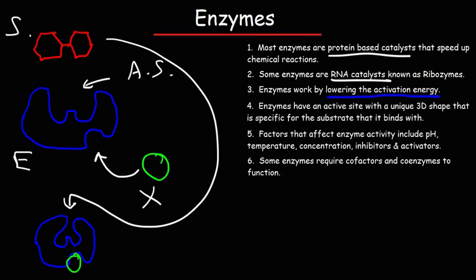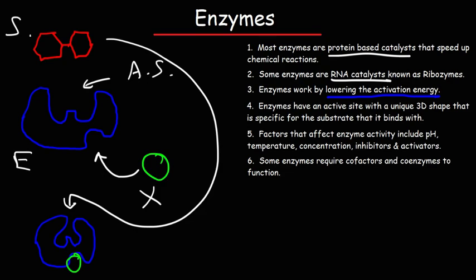So that's how a non-competitive inhibitor could decrease enzyme activity with this substrate. An activator is basically the opposite of an inhibitor. An activator would be something that would activate the enzyme towards the substrate. So those are some factors that affect enzyme activity.